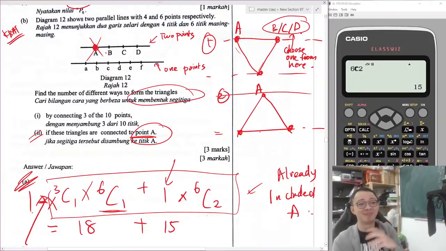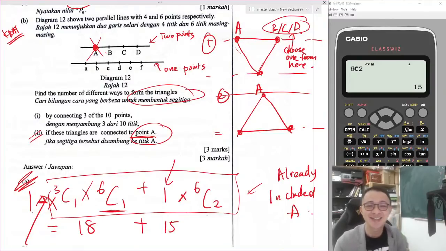But normally we don't multiply, because when you choose the A, it's specific, they want the A. The only way to choose the A is one way, which is to choose the A. So in this specific case, there is only one way. So if you want to multiply one, go ahead to make yourself comfortable. Okay, get it? Move on.